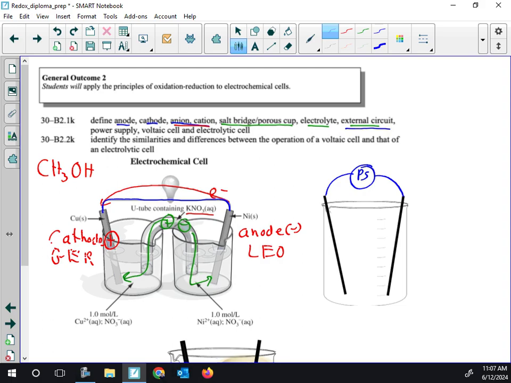And you're just going to have one electrolyte solution in an electrolytic cell. So maybe you have an aqueous potassium iodide solution. And you're not going to have two different solutions. And you're going to have your two electrodes right in that same solution. Now you're going to have a cathode and an anode.